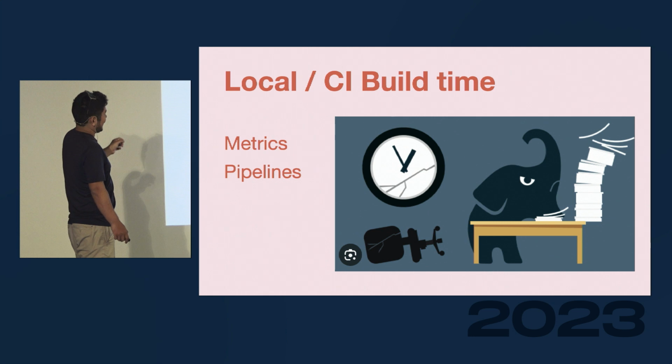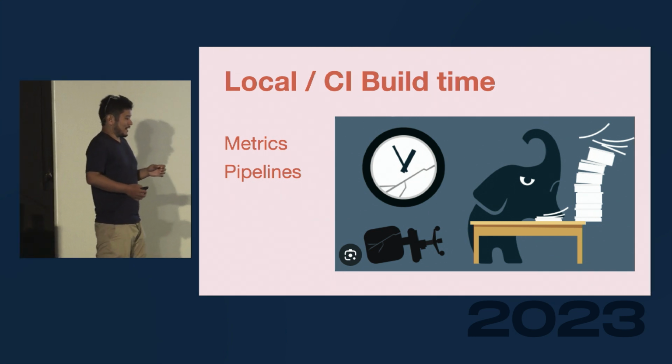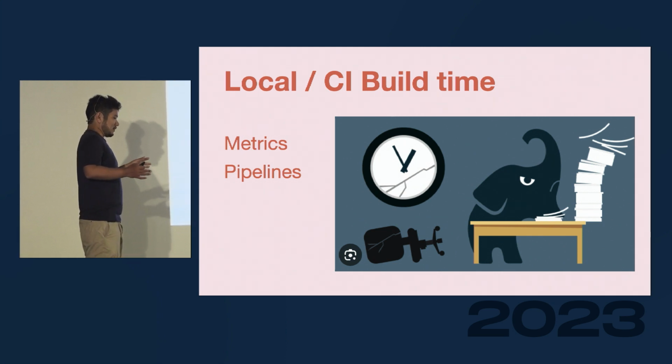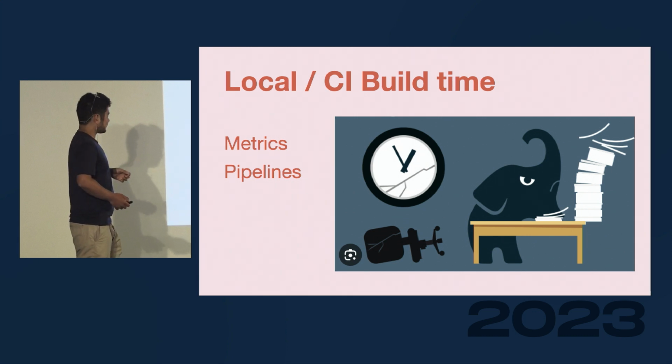In the case of CI build time, we had some options. We have some pipelines that run on pre-commit. Just to provide some context about what this means, pre-commit pipelines are those pipelines that run every time that you push and you commit on your PR, but you haven't landed on the main branch yet.